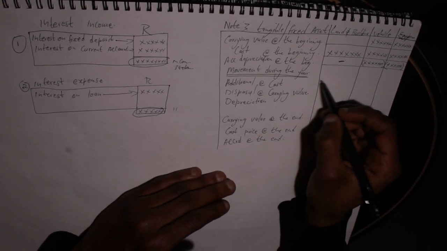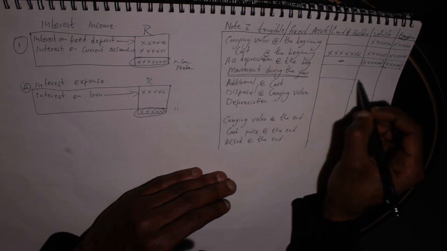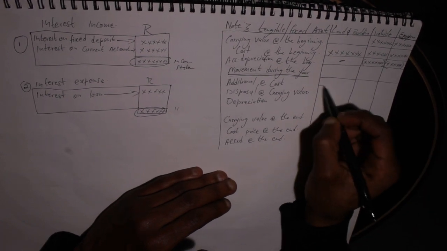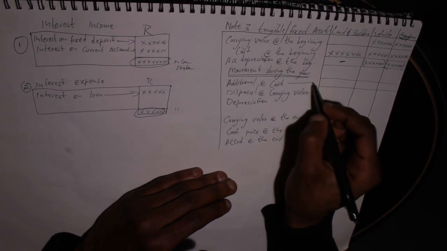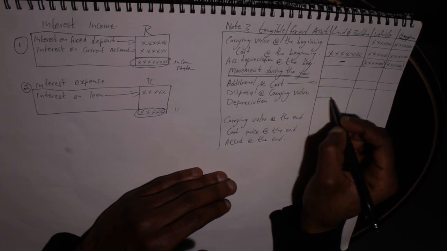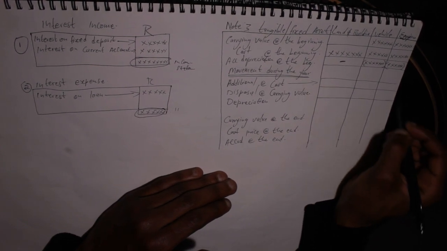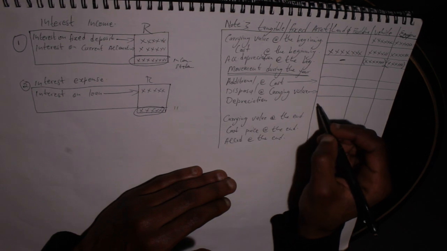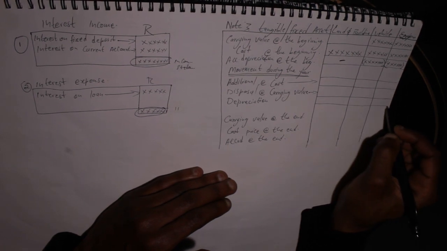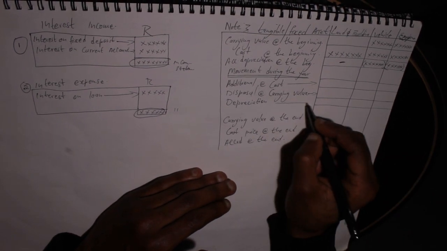Just to make sure that everything makes sense, I'll make a row here for the additional at cost. Then I'm going to make another row here for disposal at carrying value. Then the last row here for depreciation.